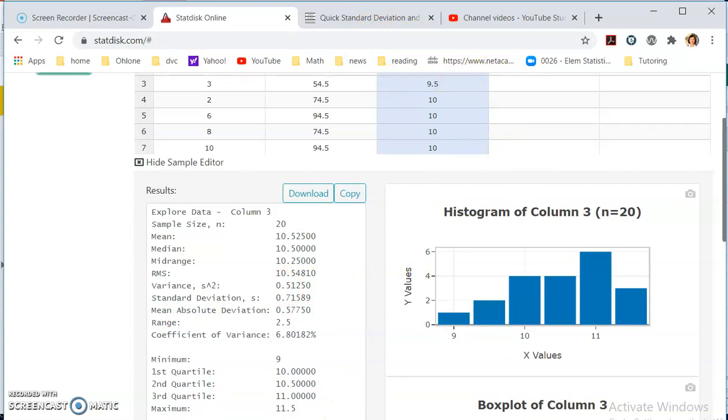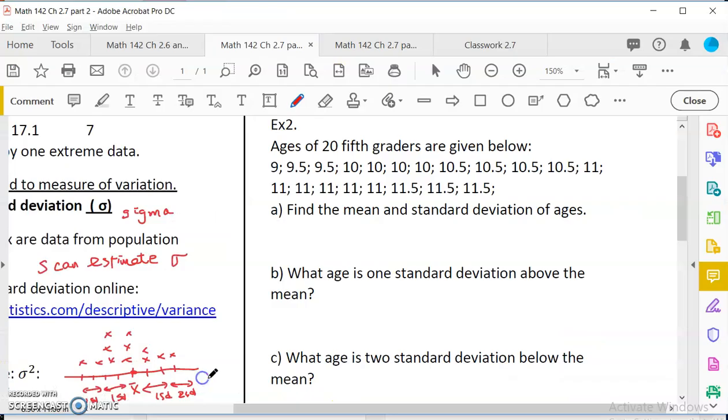So let's go back to the page. For the mean and standard deviation, you would say the mean is 10.53. Standard deviation, I will use the symbol S equal 0.72.